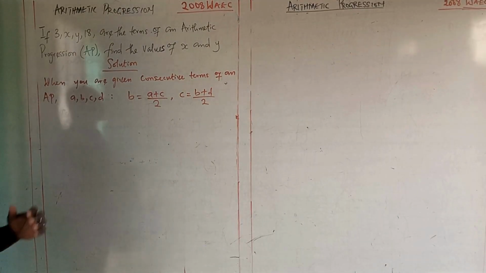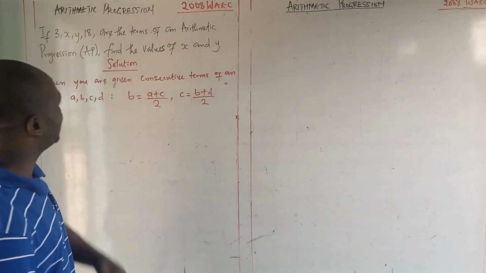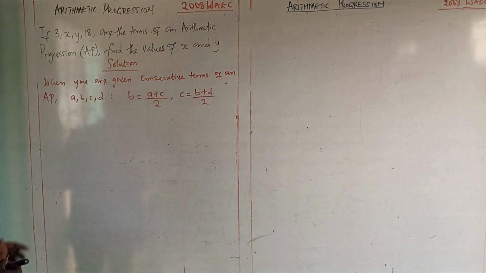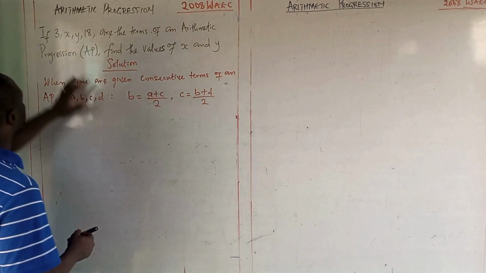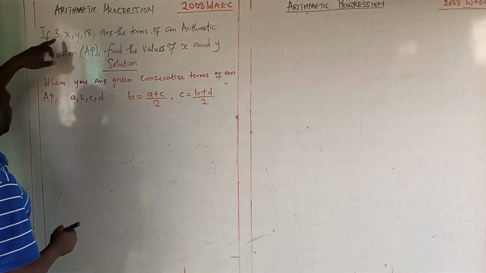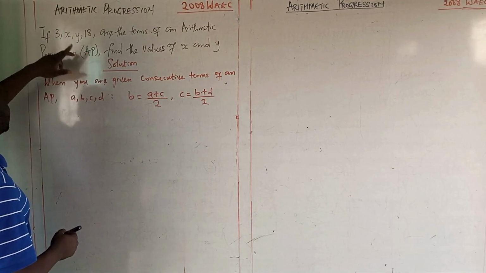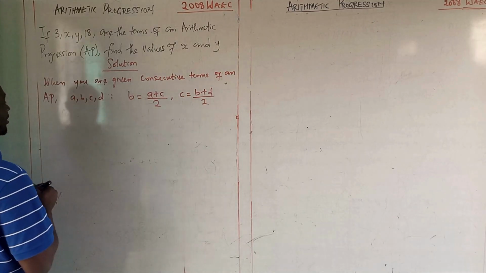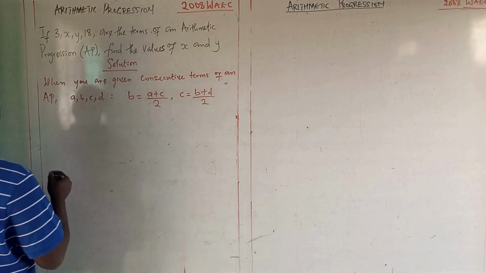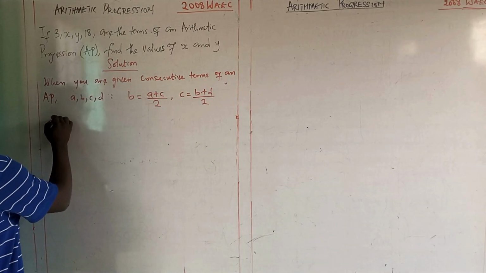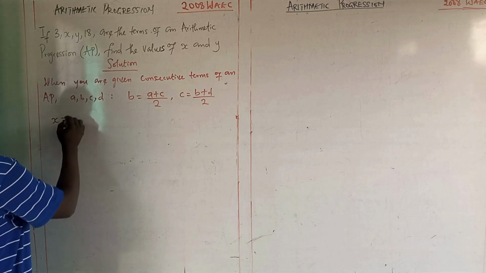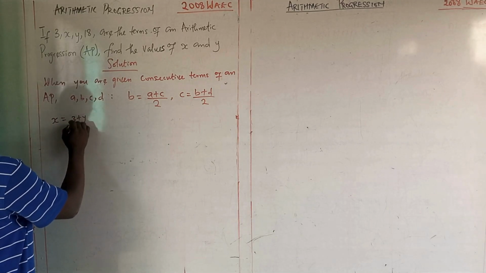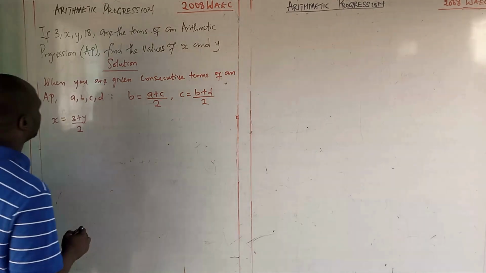Okay. Now let's bring this into our question. If we look at this A, B, C, D, then that means A is 3, B is x, C is y, and D is 18. That means we can say that x equals (3 plus y) over 2.